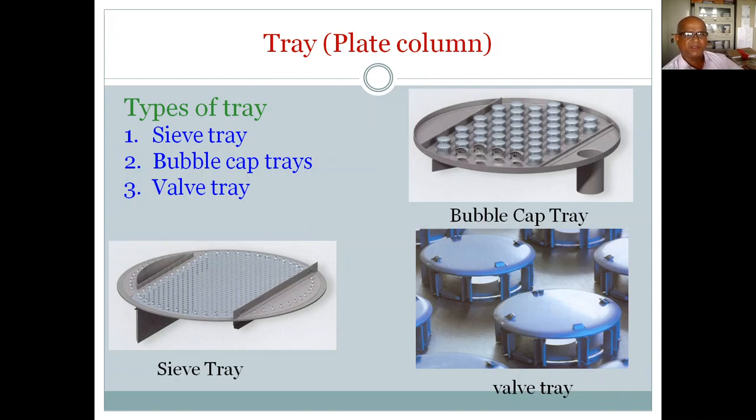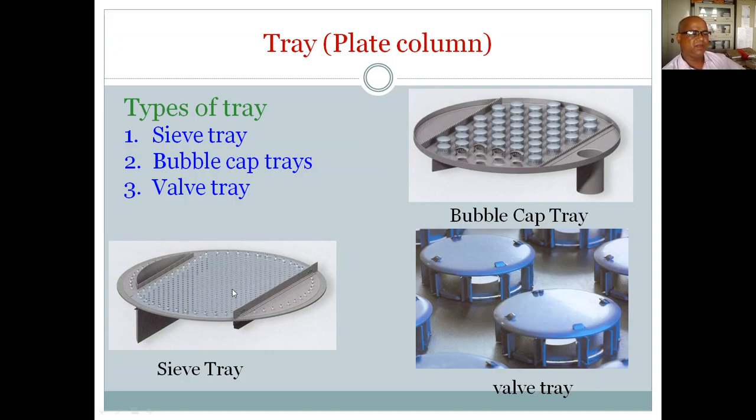It is better, if you consider the practical situation of operating a tray column. Sometimes in industry a pump is not working, and the gas flow rate may be 0 for, let's say, half an hour or 10 minutes. Then what will happen?